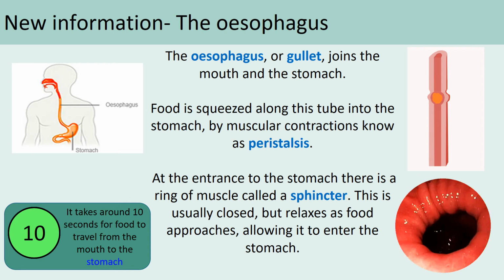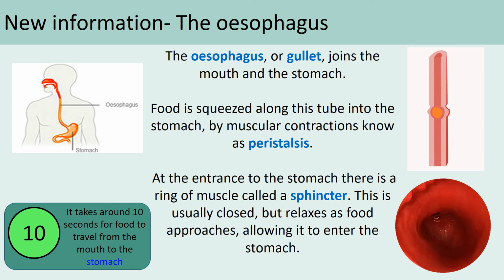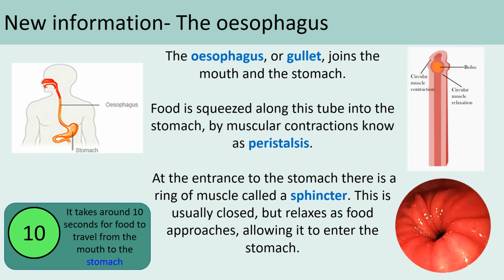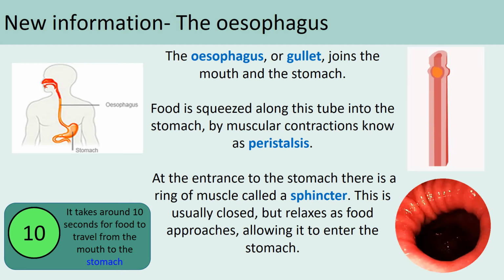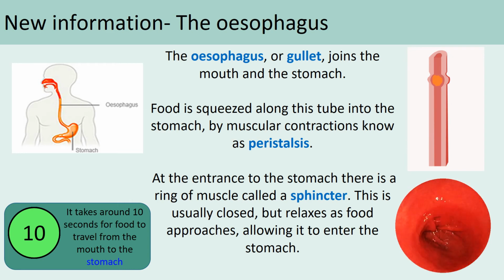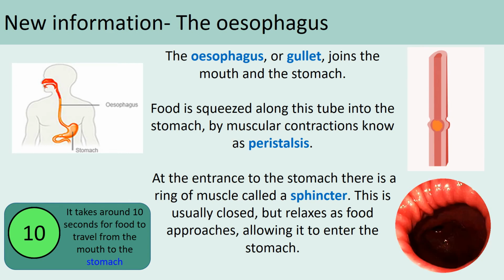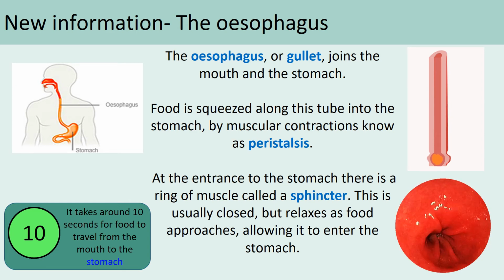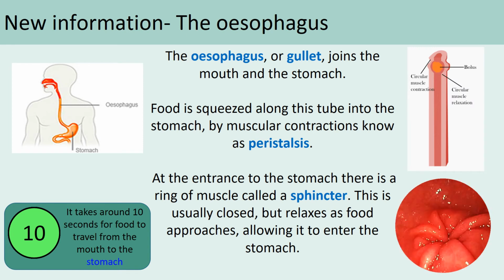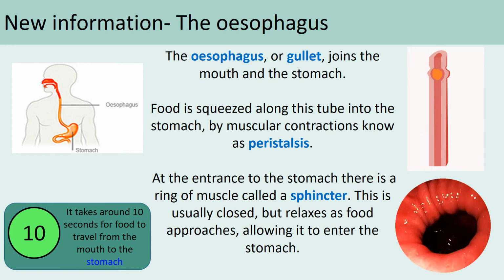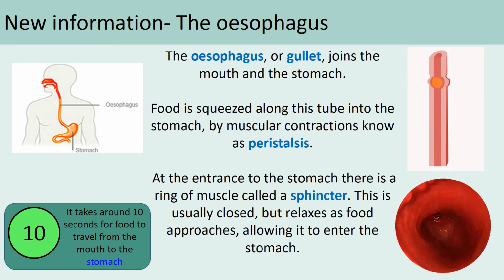So once the food has gone through, the sphincter will actually close, blocking off the esophagus from the stomach. So most of the time it's closed, but it will relax when food comes near it, so that it's able to go into the stomach. It takes around 10 seconds for food to travel from the mouth to the stomach. It's your interesting fact for the day.